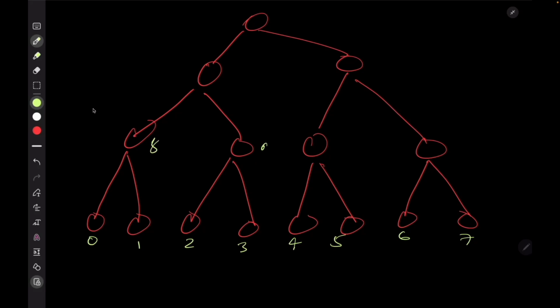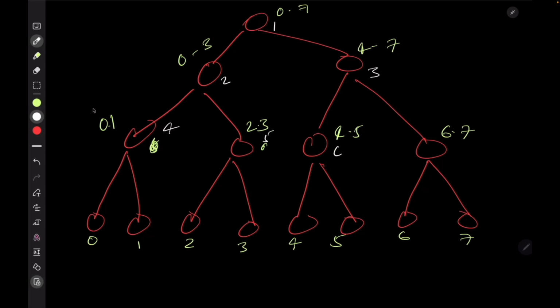It will store for 0 to 1, 2 to 3, 4 to 5, 6 to 7, then for 0 to 3, 4 to 7, and it will store for all the indices from 0 to 7. And now the indices of these nodes will be 1, 2, 3, 4, 5, 6, 7, 8, 9, 10, 11, 12, 13, 14.